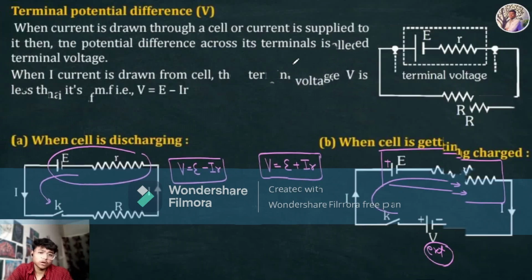So what will the current be here? It will be 5 ampere. And what will be there in the third branch? 2 plus 5 minus 7, so it will be 3.7.